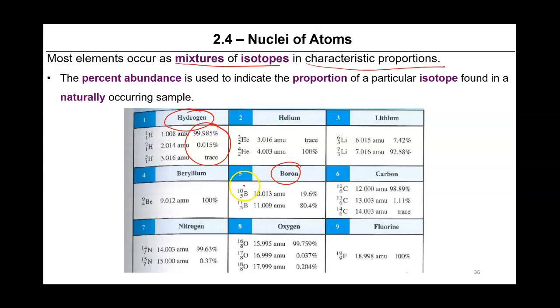Boron is a mixture of these 2 isotopes, but always in those proportions. And so on and so forth. Lithium is a mixture of 2 isotopes in these proportions. So it's not quite as bad as one might think. There's not just endless isotopes for every element.